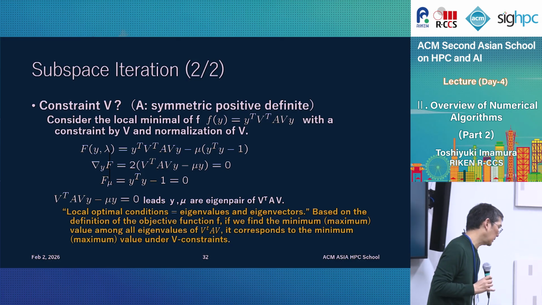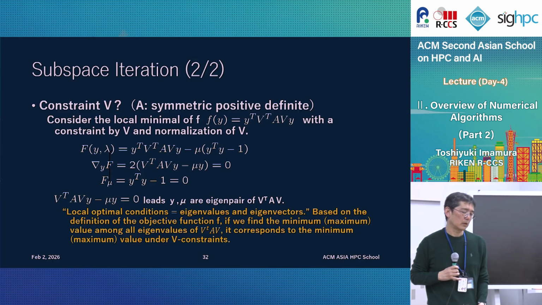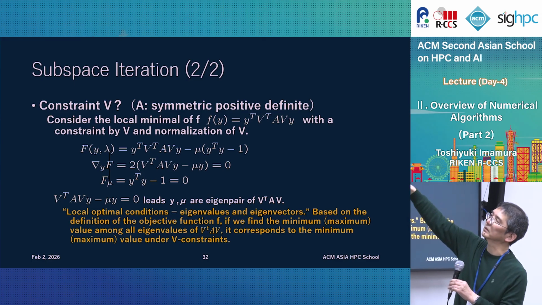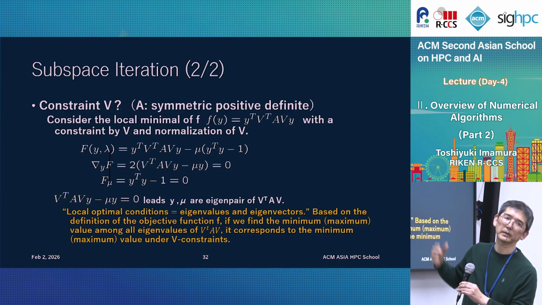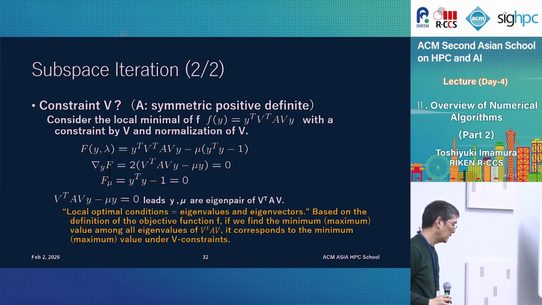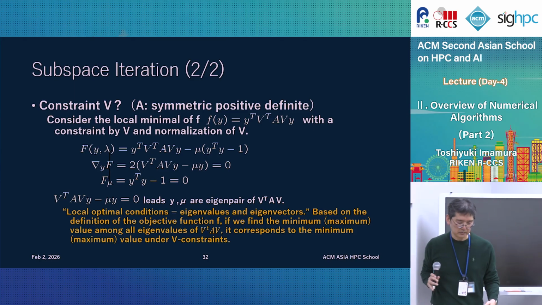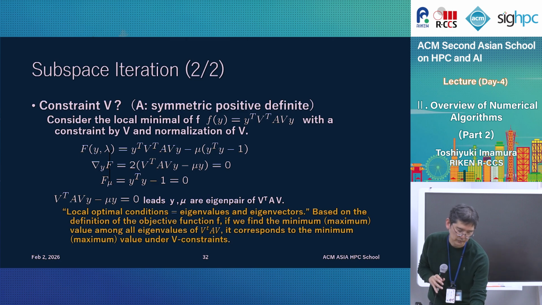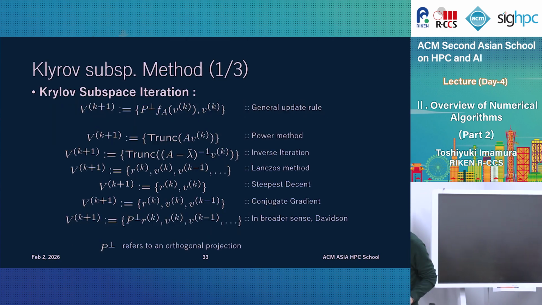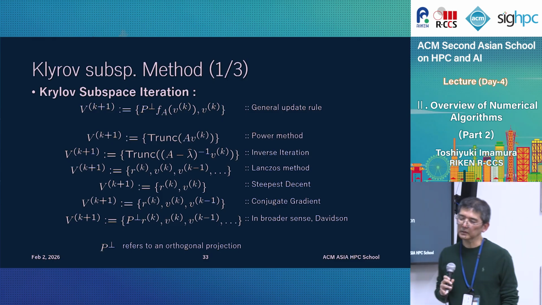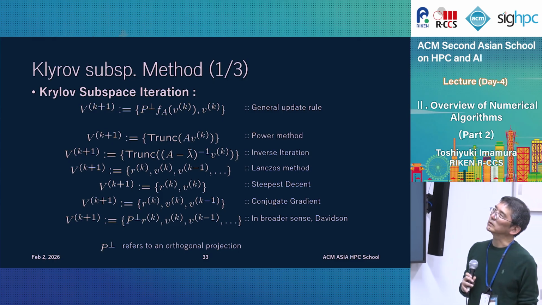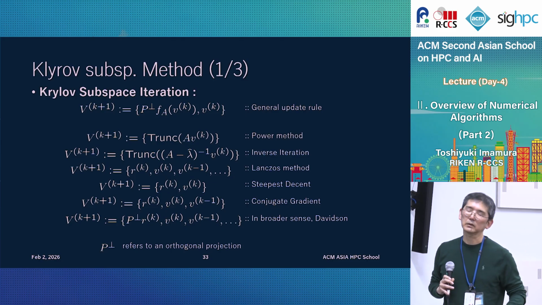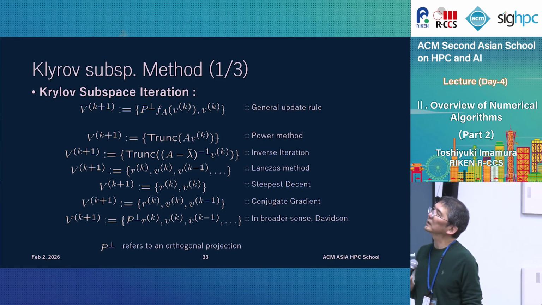So we need to update the searching space or this constraint capital V, include different vectors or eliminate unnecessary vectors from V. So we have several possible iterations for how we update the constraint of V.